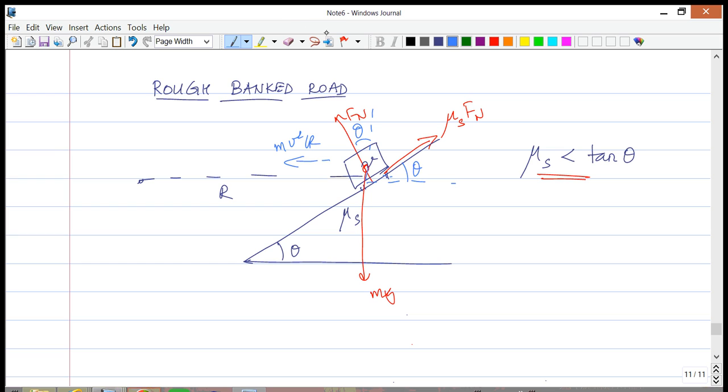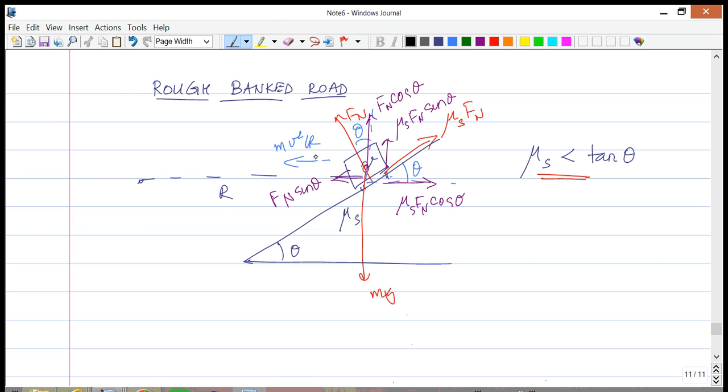For mu s Fn, the horizontal component is mu s Fn cosine theta and the vertical component is mu s Fn sine theta. For Fn, the vertical component is Fn cosine theta and the horizontal one is Fn sine theta.